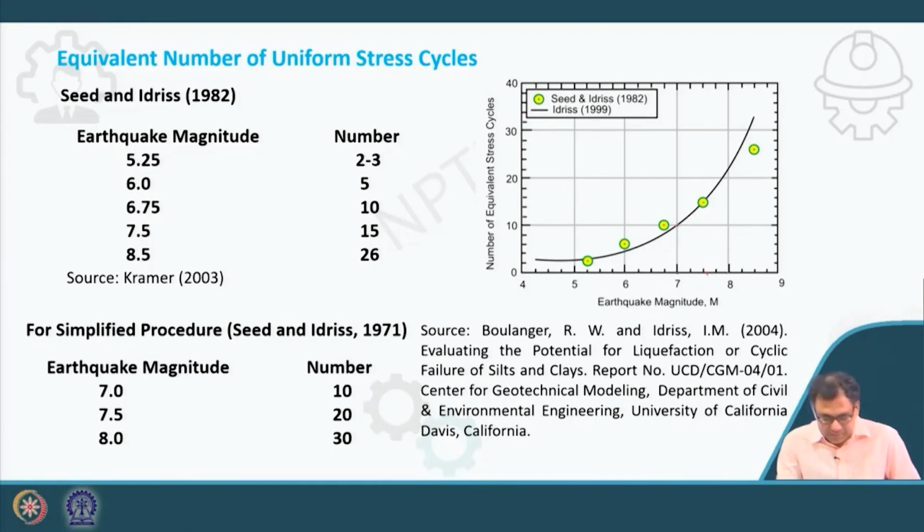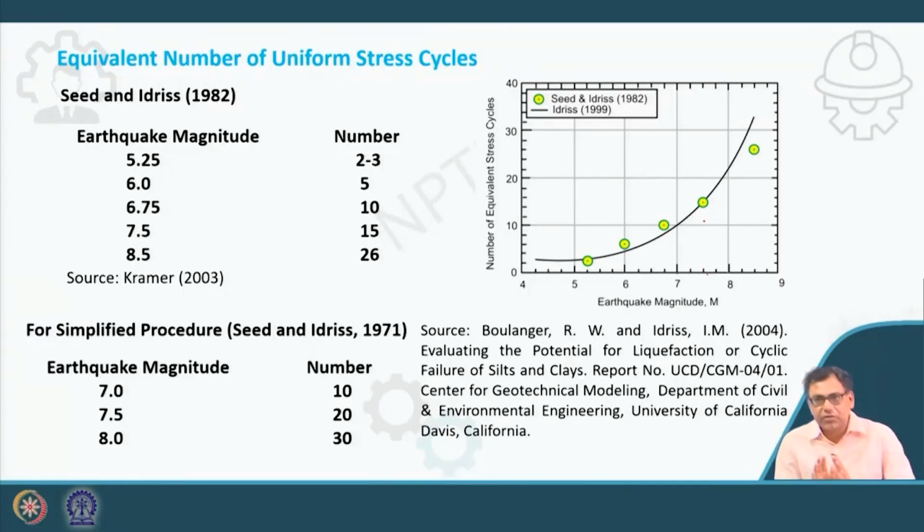For 7 it is 10, for 8 it is around 22 to 23, and for 8.5 it is around 30. Okay, so you can see.